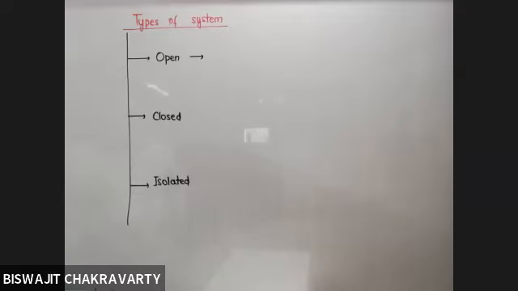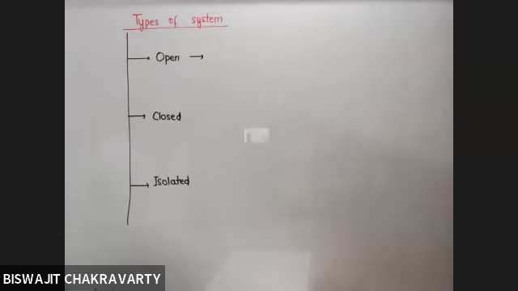So hence we can say that in an open system, there is exchange of both matter as well as energy between the system and the surroundings. Now, when I talk about matter, it means amount of substance. And when we talk about energy, obviously the heat is getting lower.